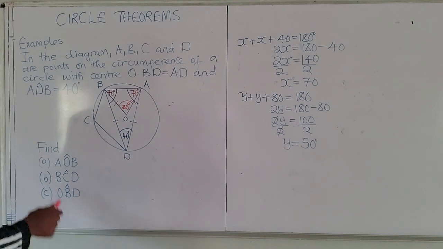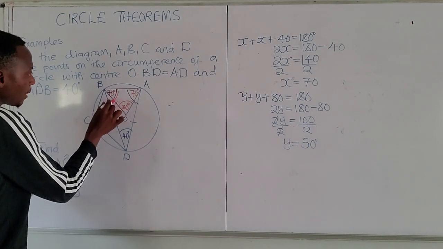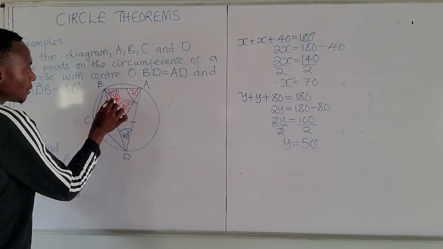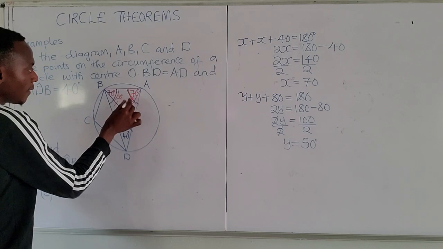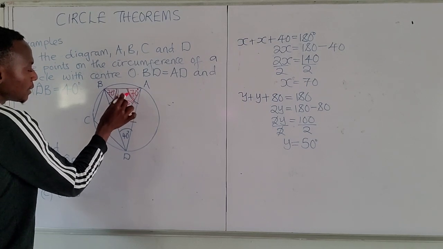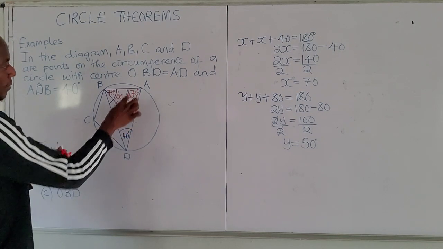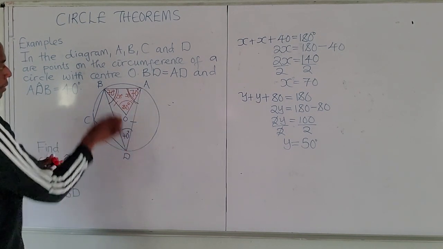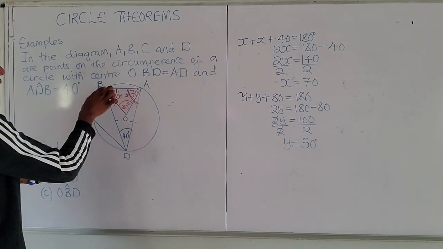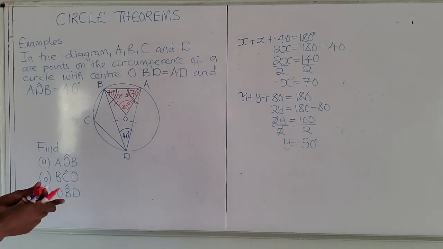50 degrees. So what does that imply? It implies that the angle from here to here is 50 degrees. Even this side, from here to here, is 50. Remember, this 70 degrees angle is for triangle ABD, or DAB.